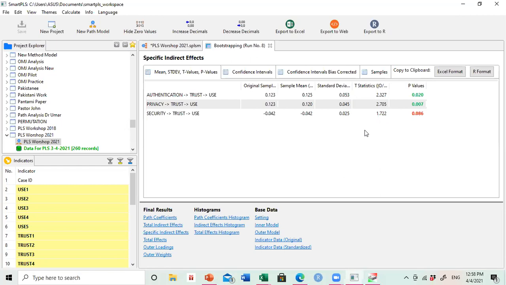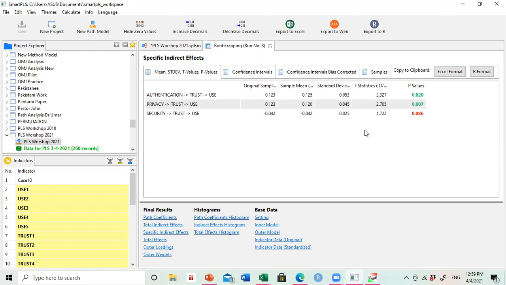But here we look at the t-statistics. We look at it the way I showed you before, that for one tail, the t-value must be 1.64 to be significant.